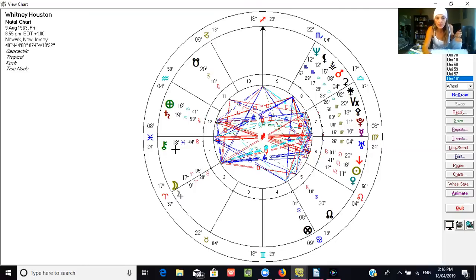I just want to say a little bit about this Chiron, because there are some people that have this configuration. As I said, I've had people email me just recently. To me, this Chiron is quite fascinating. I don't consider Chiron to be any less powerful because it's a planetoid, which just means it's smaller than a normal planet.